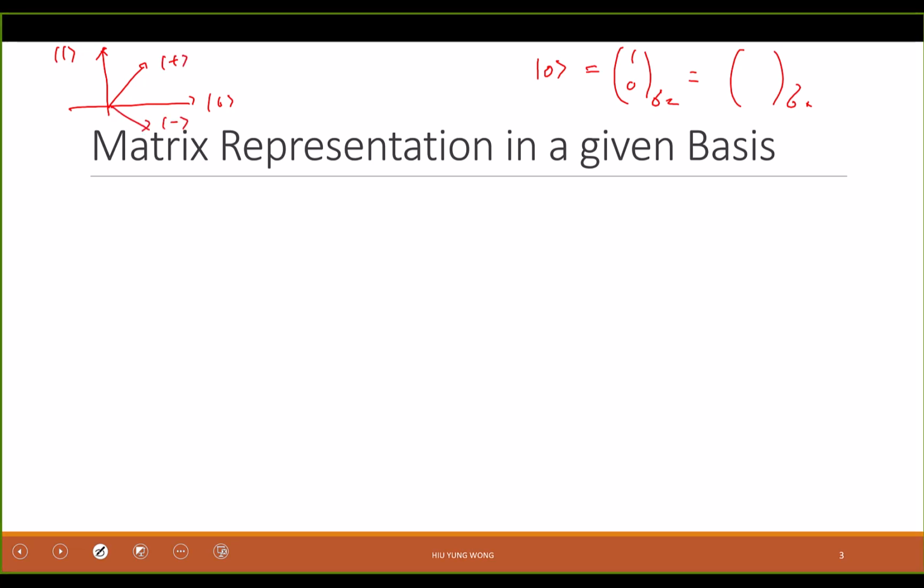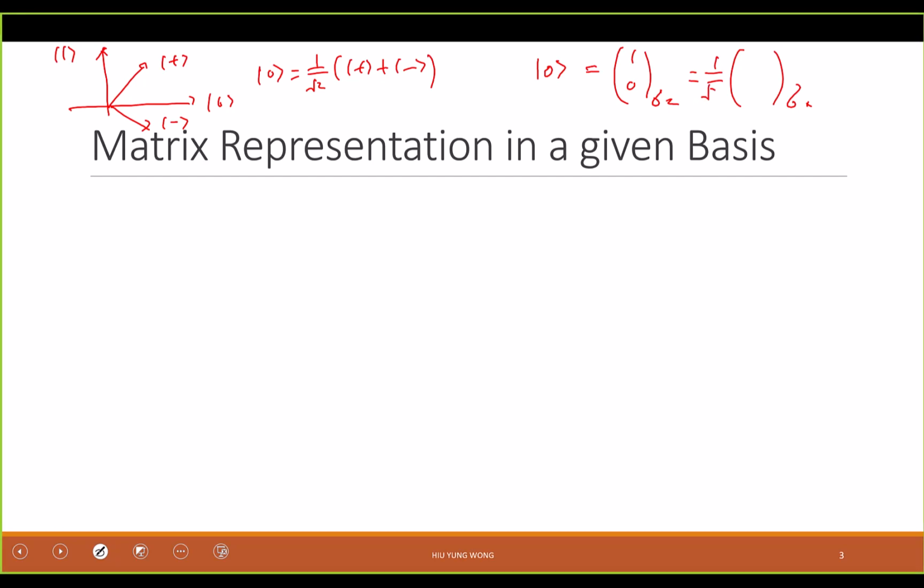This is fake, but the result is correct. So 0 is equal to 1 over square root 2 of plus and minus. So how do you represent this vector in the plus minus basis?